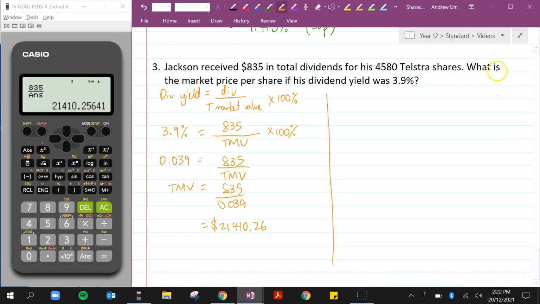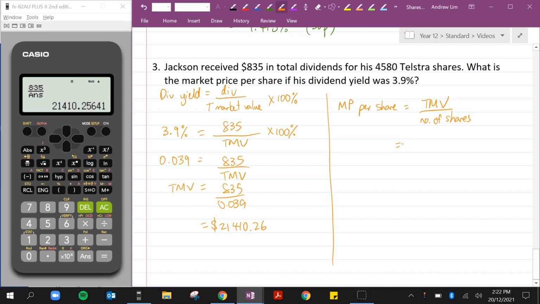The question is asking what is the market price per share. So the market price per share is just the total market value divided by the number of shares. Just think about this logically. There's no real formula.